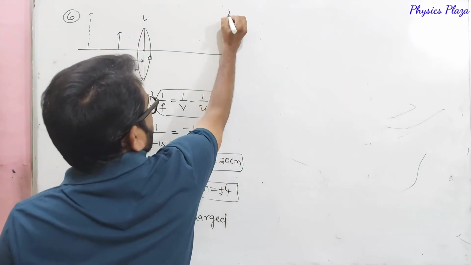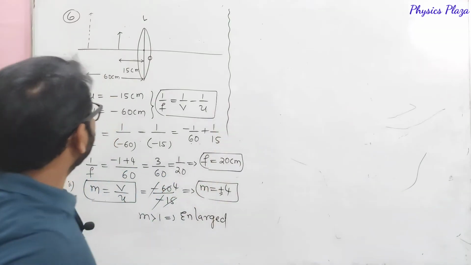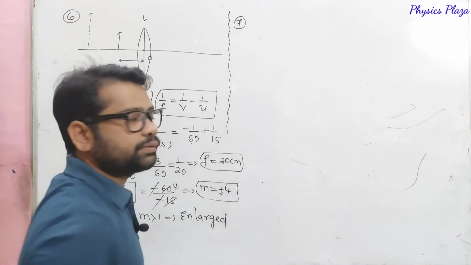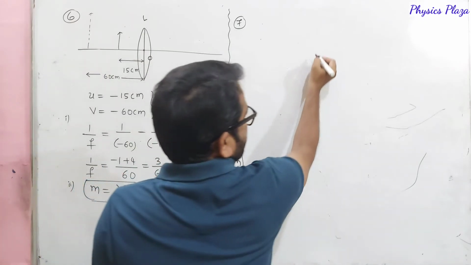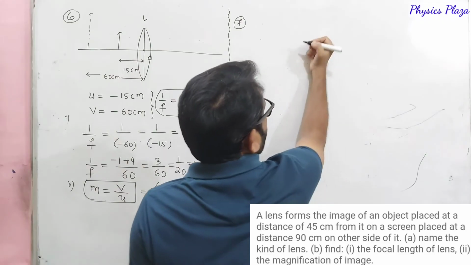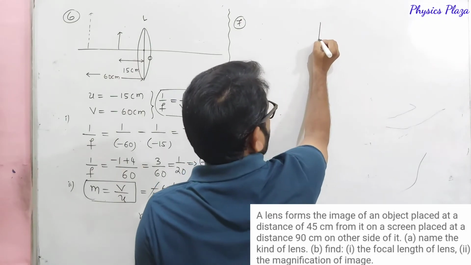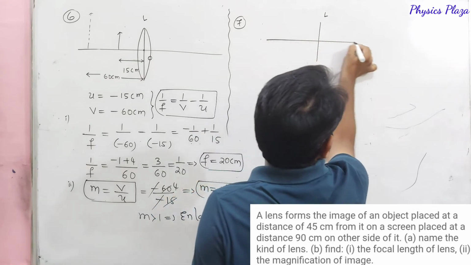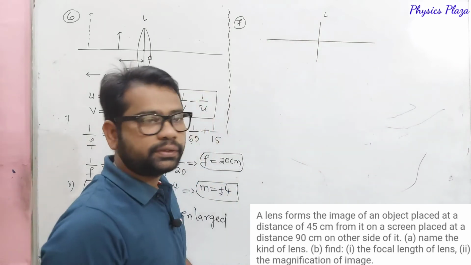Now look here. Next, moving to question number 7. In this numerical also, dear children, here is a lens. Let us call it lens L, and here is the principal axis.